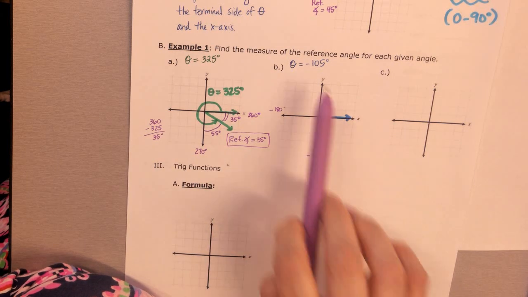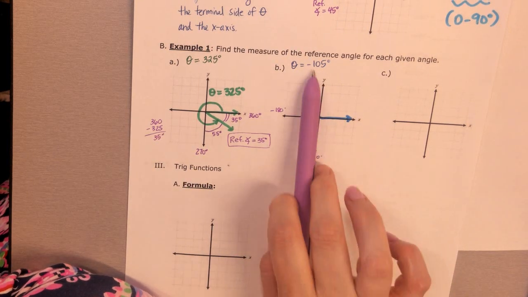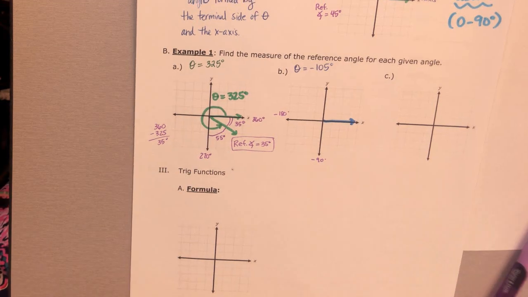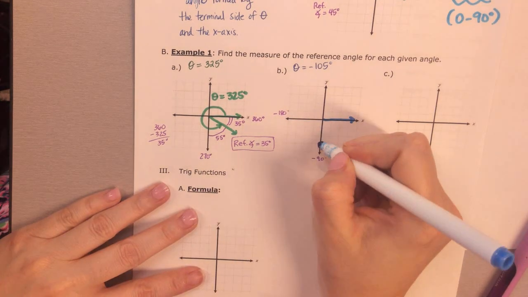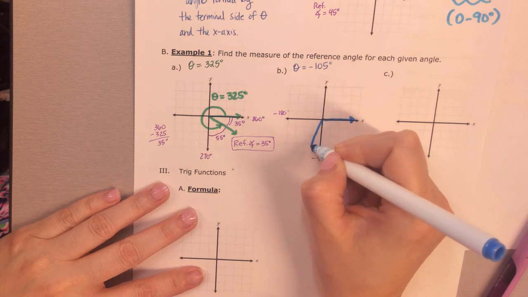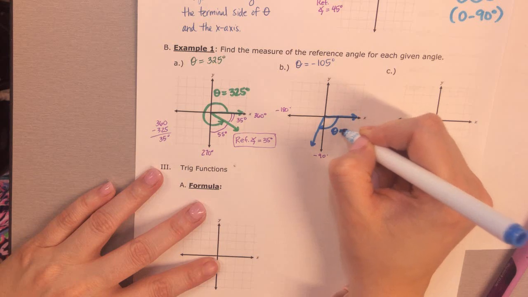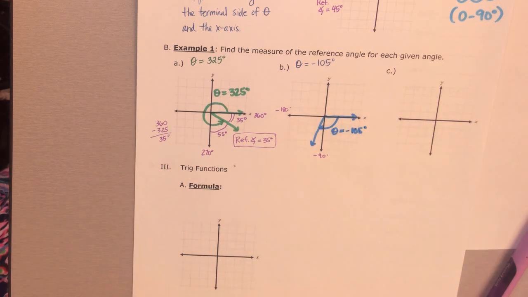From negative 90 to negative 105, how many degrees are in between them? 15. So that's going to be closer to this side. So this would be your negative 105.